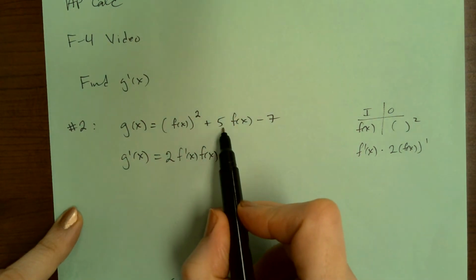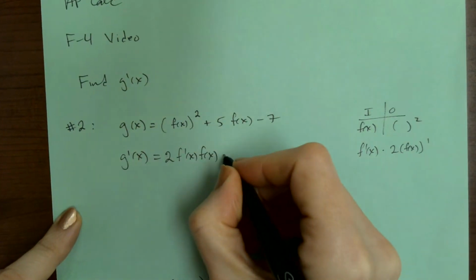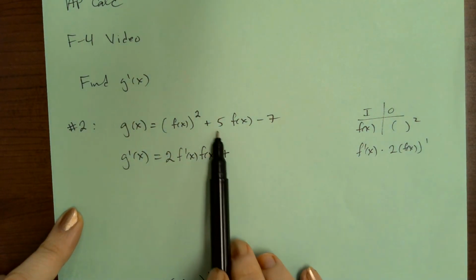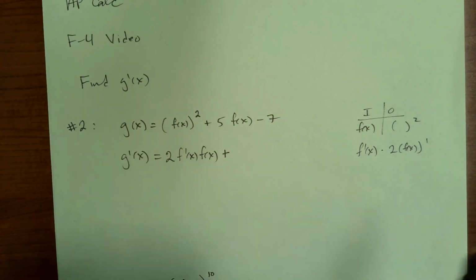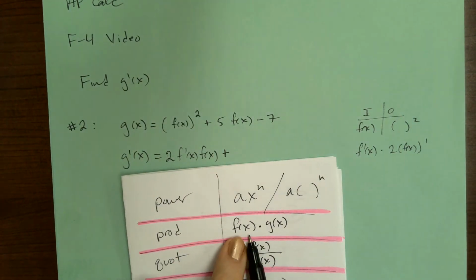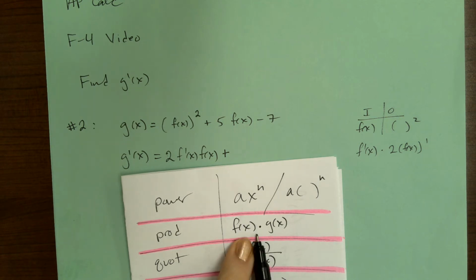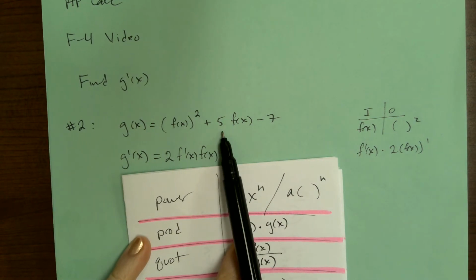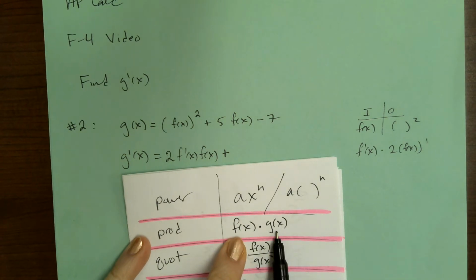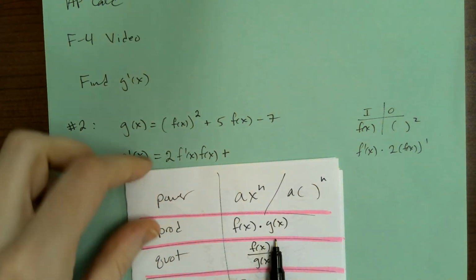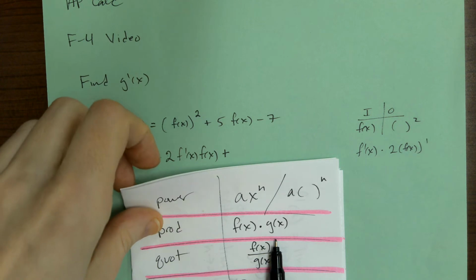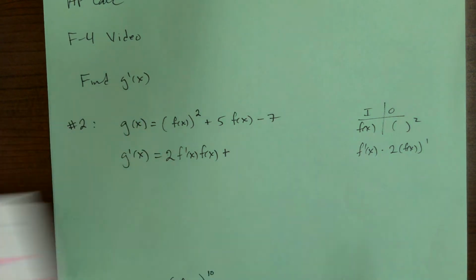Plus, the 5 is just a coefficient. All right, so we don't use product rule here. Product rule is when you have f of x times g of x, but if the first function is just a constant function like 5, then you don't use the product rule. The product rule would work, but it would give you an answer that just looks unsimplified.